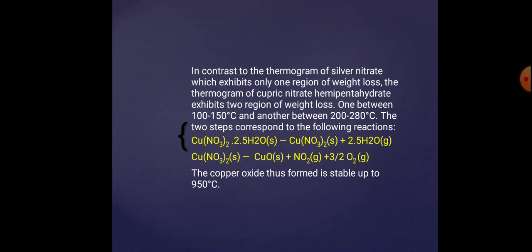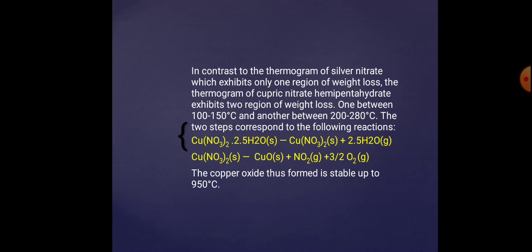Hence from 280 degrees Celsius onward, the copper oxide remains stable. So due to these 2 reactions, we get 2 slopes and 3 stable points where no weight loss takes place. So this is all about thermogravimetry and the thermogram.